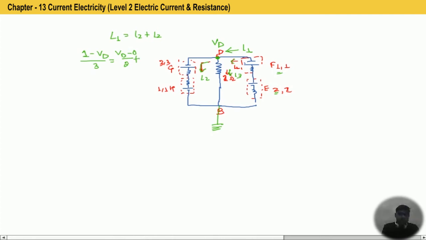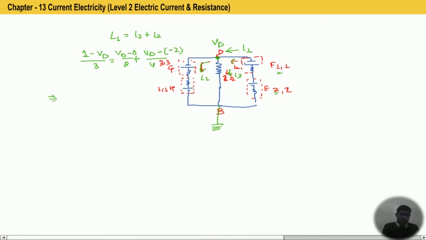plus VD minus the potential difference of this branch. Okay, so the potential difference would be minus 3 for this cell, which is connected in opposite, and 1 for this. So this is VD minus 2 divided by the total resistance, which is 4.